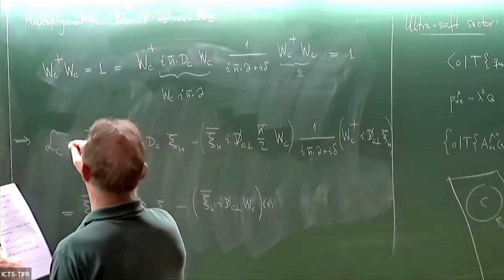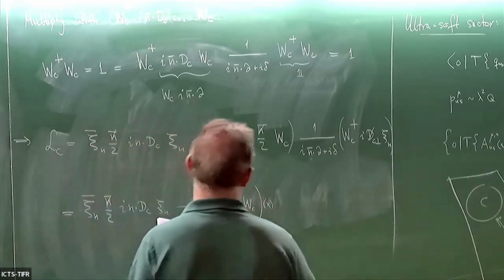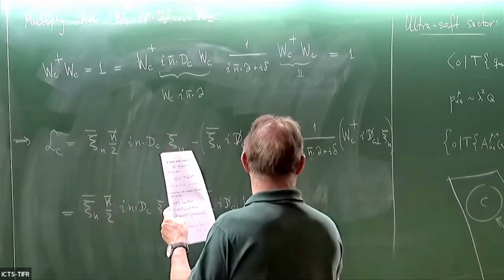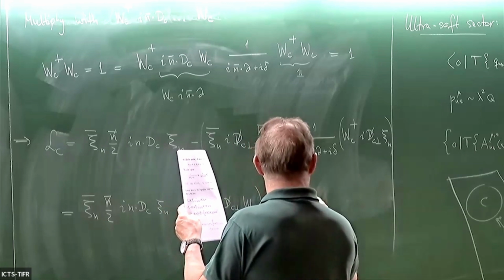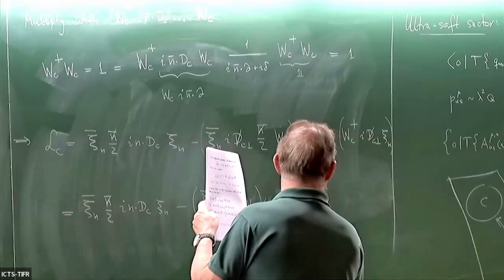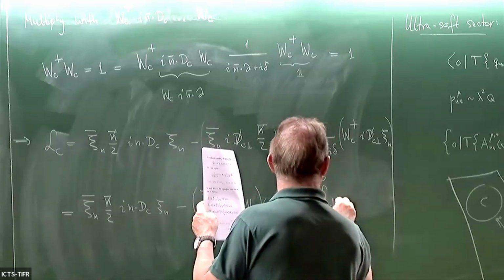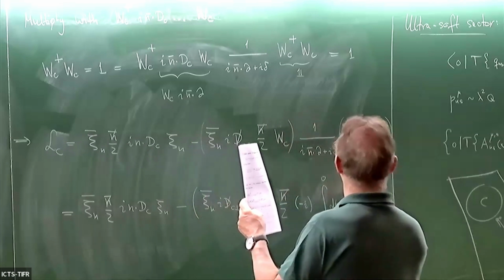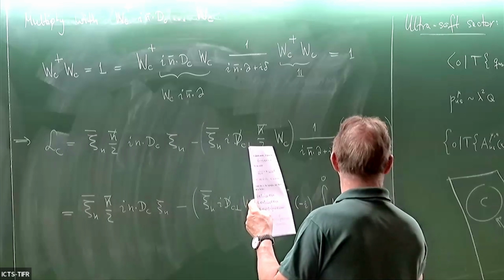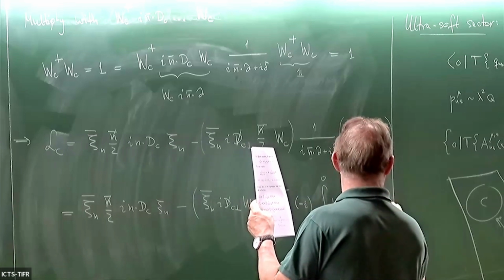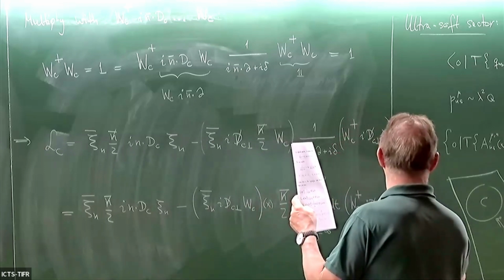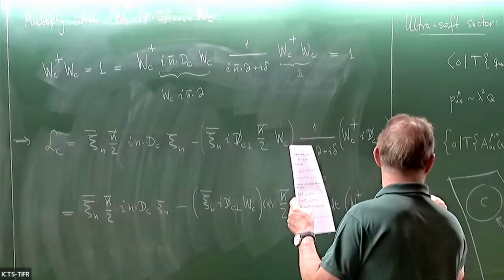So I'm writing the Lagrangian at point x, but here I put the x explicitly because you will see now that here this inverse derivative turns into an integral from minus infinity to 0 dt. And now this expression W_C dagger i D collinear perp slash chi_n at position x plus t n bar.